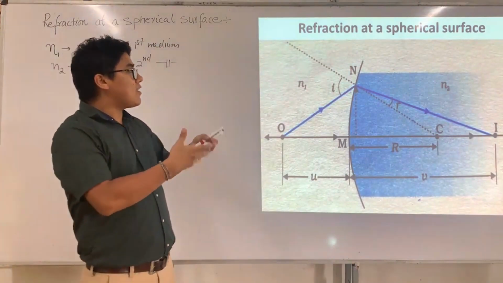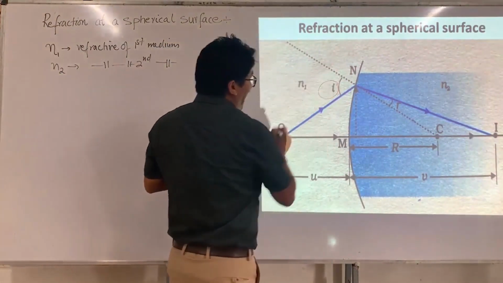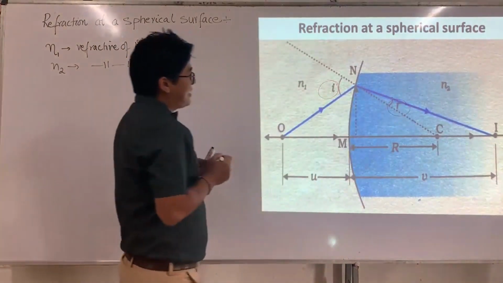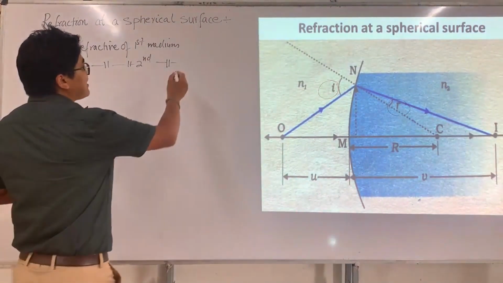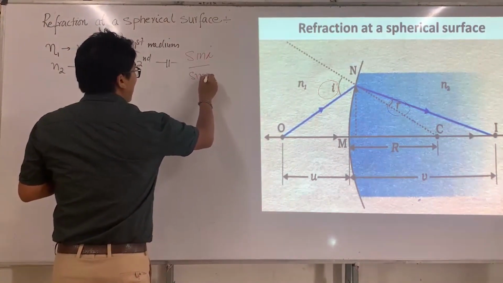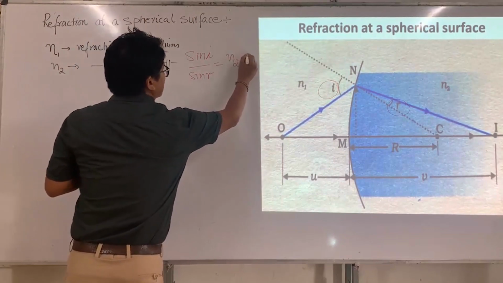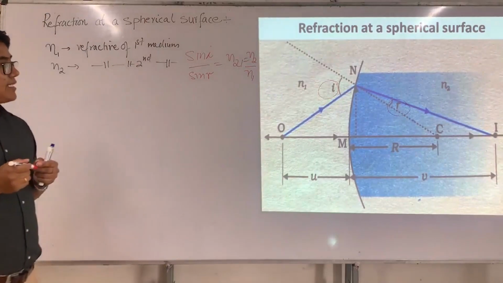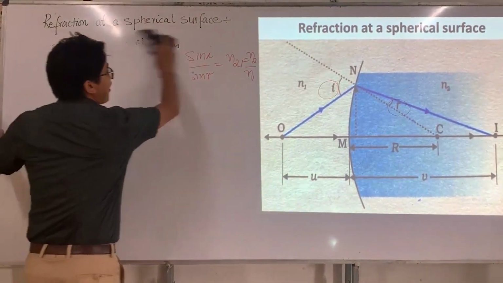For that we are going to find out what is i and what is r, and once we find those, it is very simple. This is Snell's law, N1 sin i equals N2 sin r, so sin i over sin r equals N2 divided by N1. Now I will begin.